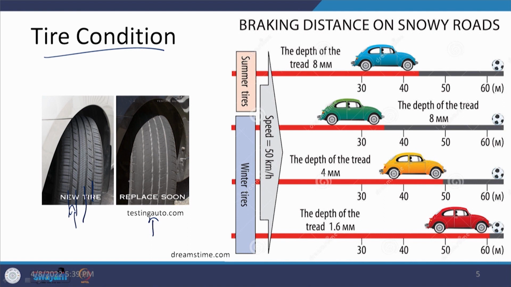Whereas in the other case, for the same tire, you can see that it has almost flattened, and therefore all of the grooves are not there, and if it is now touching the pavement, the contact area is going to be more. So, this is how it is going to make a difference.